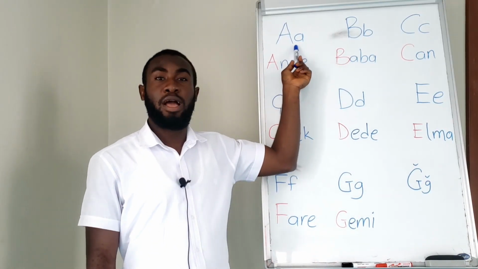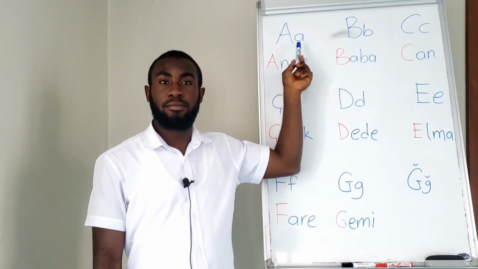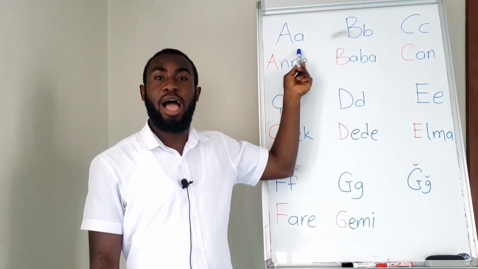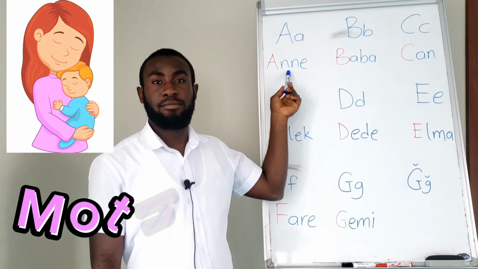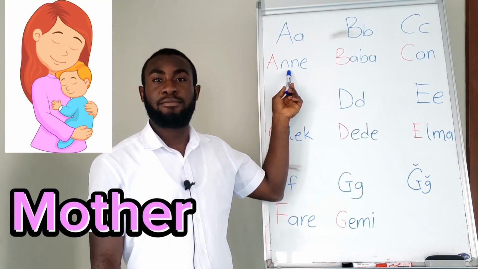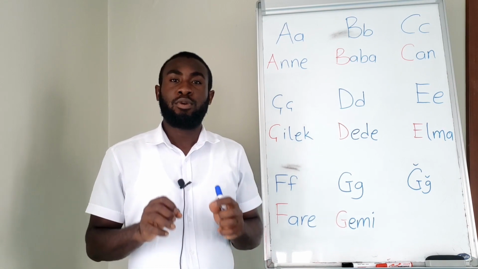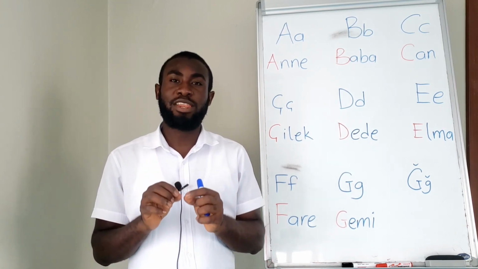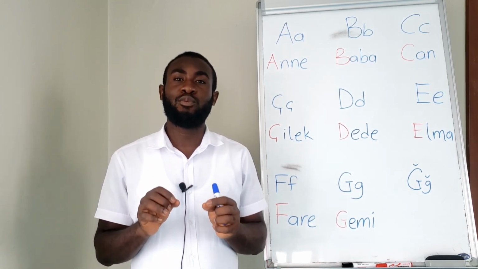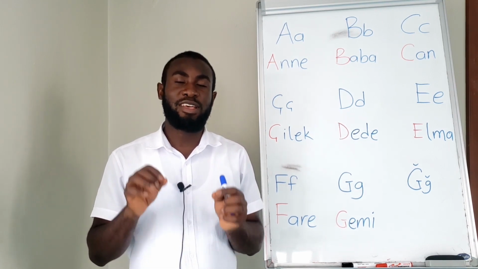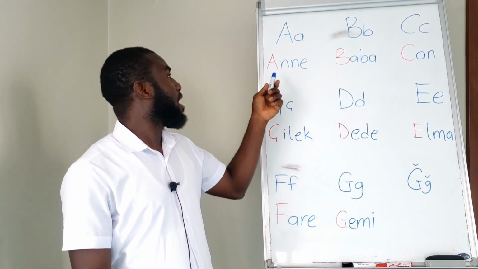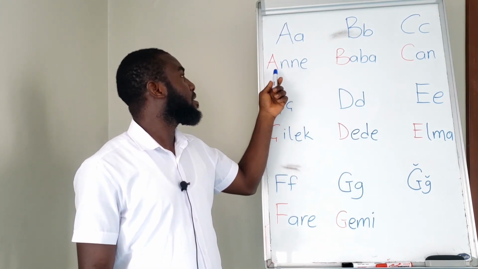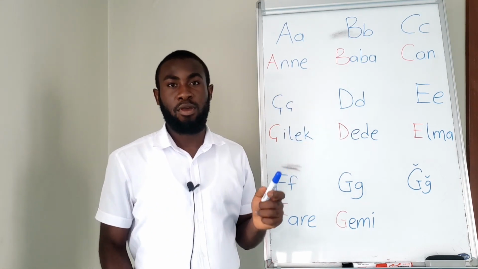Let's get started. A, A, Anne, Anne. When two letters come together, we pronounce the sound with emphasis. Anne, anne.